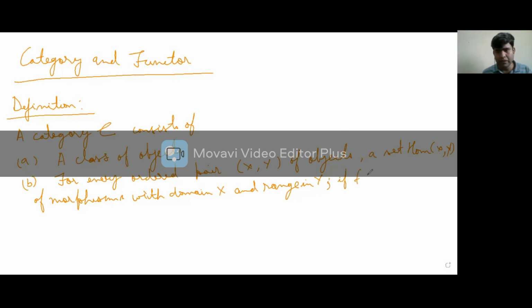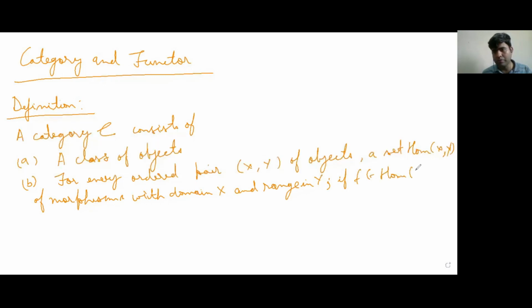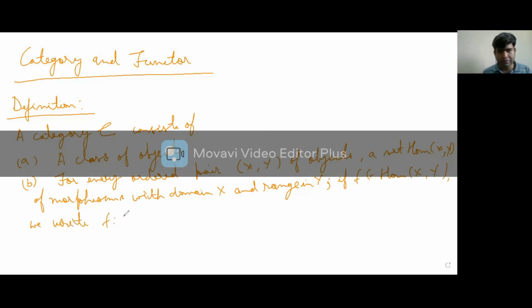If f is in hom(x,y), then we write f is from x to y.